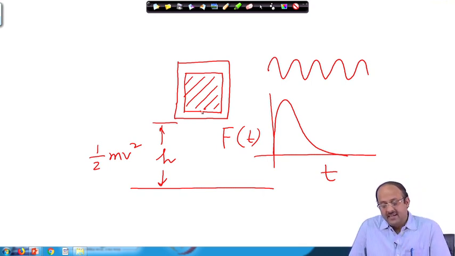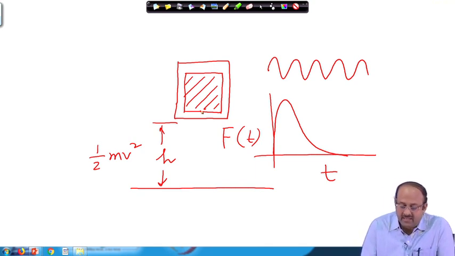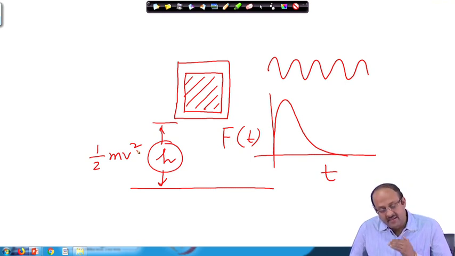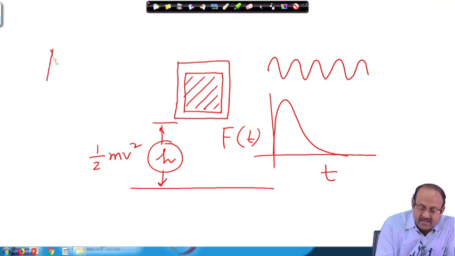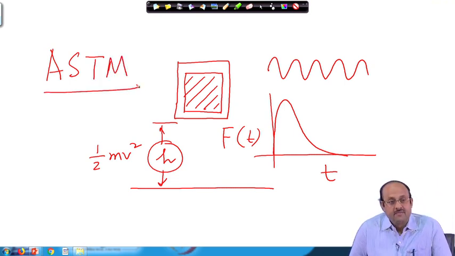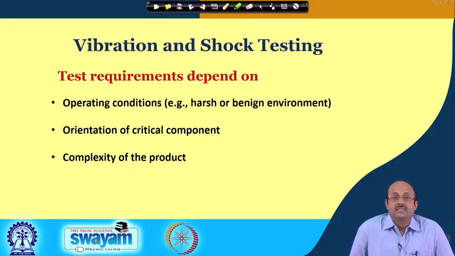The test criteria for shock testing can be different depending upon the weight of the equipment. If it is a very heavy equipment, then normally the height h is small, whereas for lightweight equipment the testing is done with a large height. There are certain standard protocols, such as the ASTM protocol, or military standards, which are followed during the testing process.